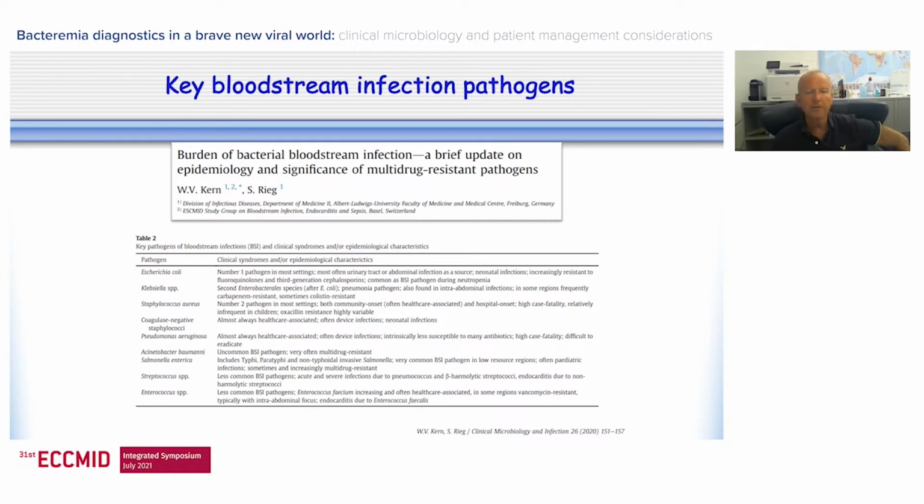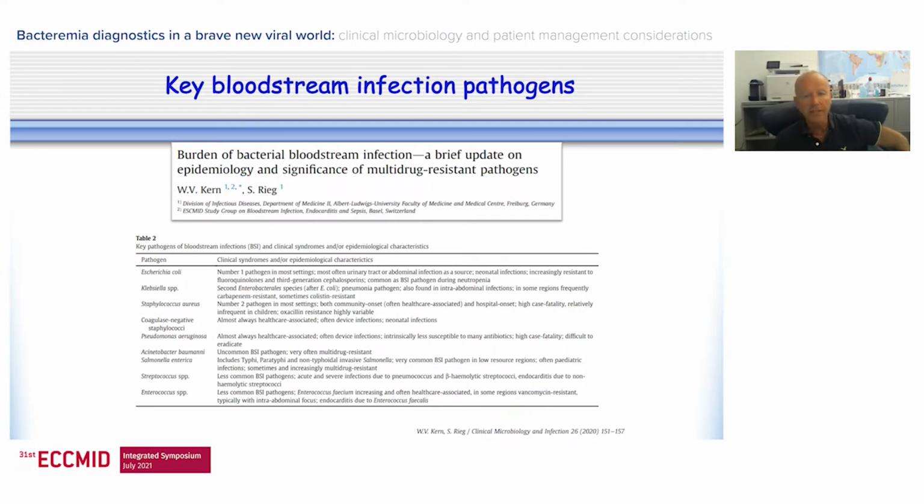You may consider that E. coli is the number one pathogen in most settings, most often involved in urinary tract infection and abdominal infection, but also neonatal infections. We do see some nosocomial outbreaks of E. coli in neonatal infections.